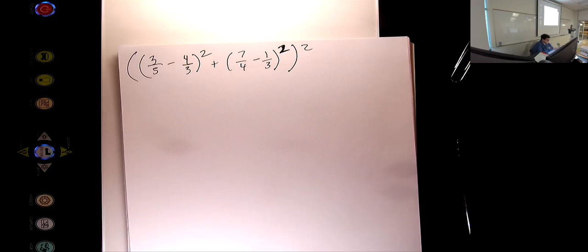So 121 over 225 plus 289 over 144. Yeah, that's gonna be. Let's calculate that at some point. Now, I think before you start doing the big square or adding this up inside, I got 121 over 225 plus 289 over 144. Is that right? Yeah, that's where I'm done. I'm not trying to get a common denominator with that.